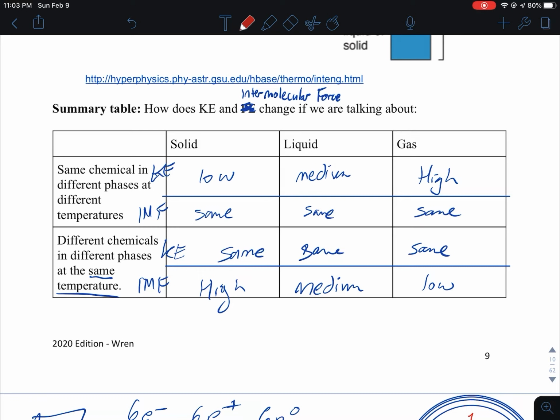Intermolecular forces are part of the chemical's nature. Different chemicals in different phases at the same temperature can be thought of as having the same kinetic energy because of the same temperature, but the intermolecular forces are different.